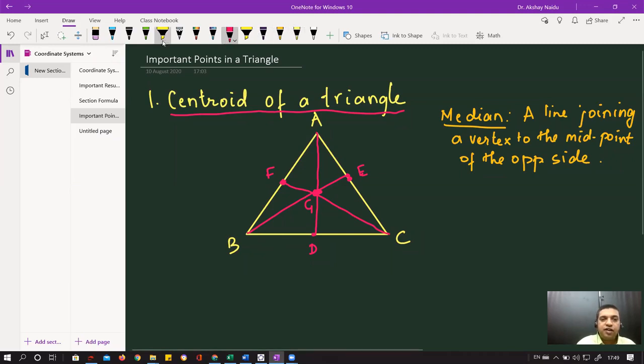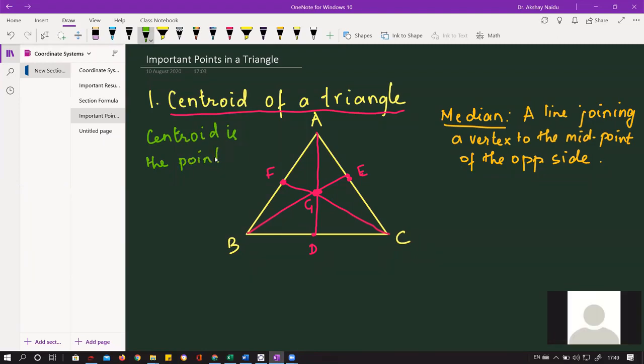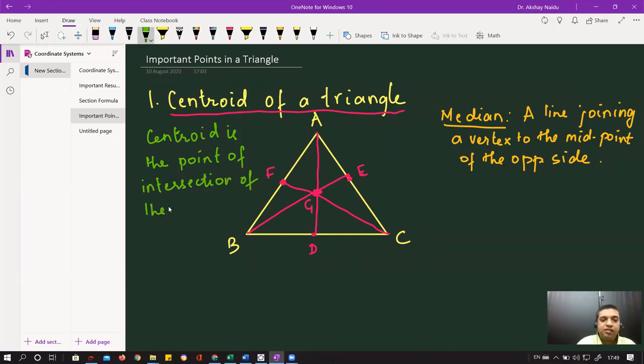So centroid of a triangle is the point of intersection of the medians.